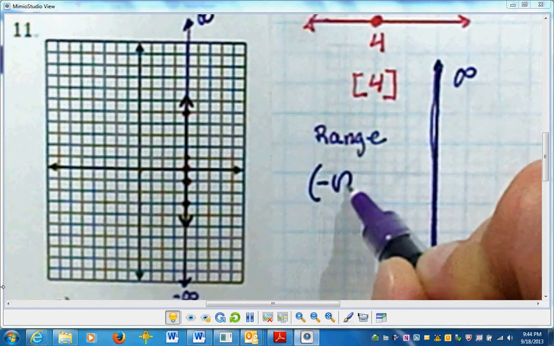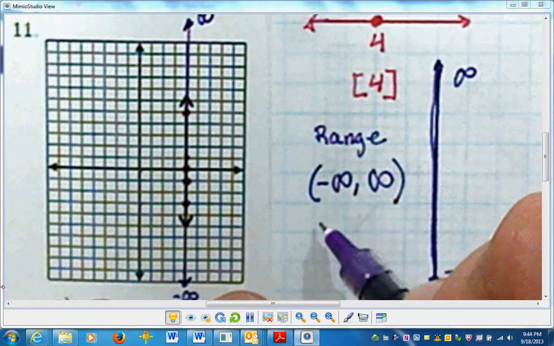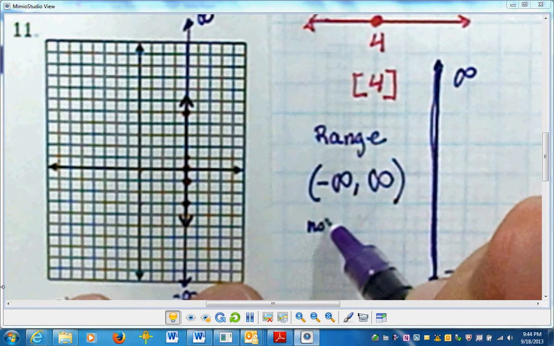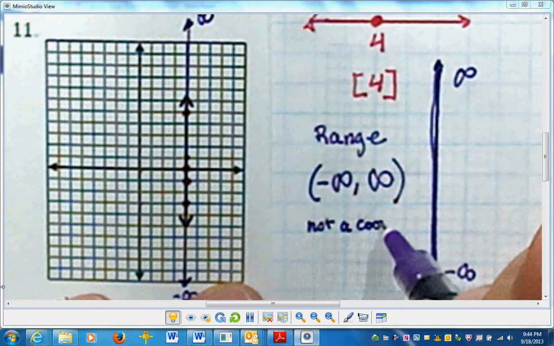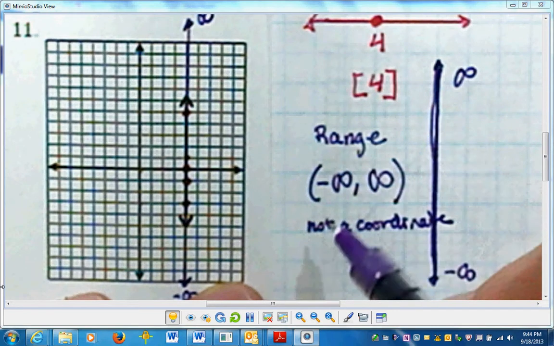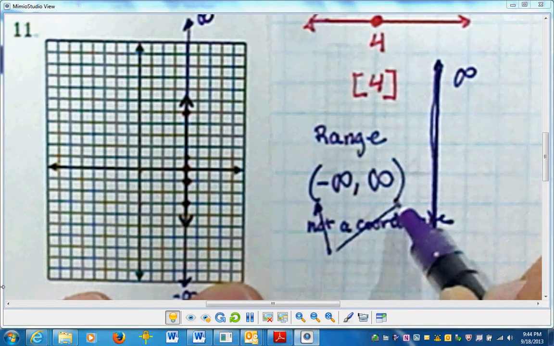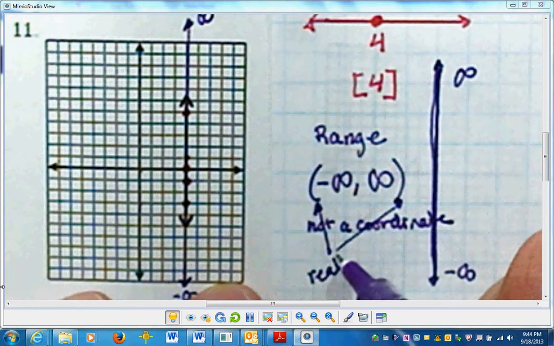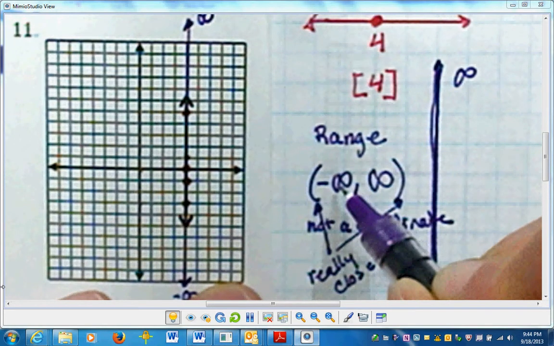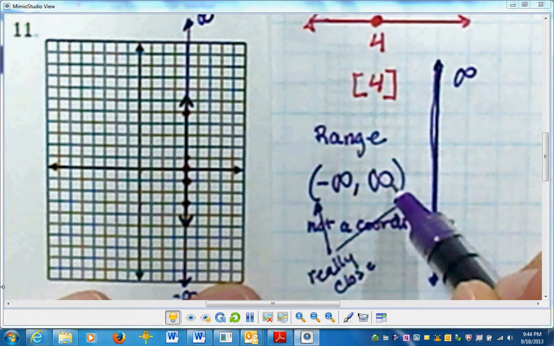Negative infinity to infinity. Remember, this is not a coordinate. This is interval notation. This means I'm getting really, really close to negative infinity on this side, and I'm including every single number until I get really, really close to infinity.